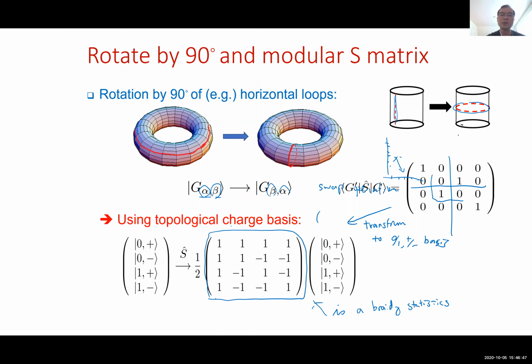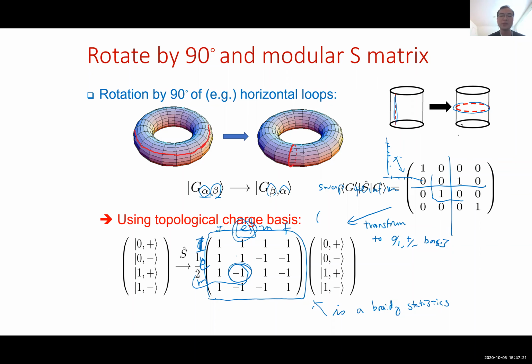For example, this might be vacuum, charge, flux, fermion. If you take an E and, sorry, this is identity, E, M. If you take an E and exchange loop around with, so you braid around E and M, there's a minus sign.